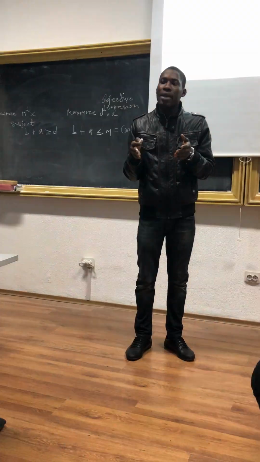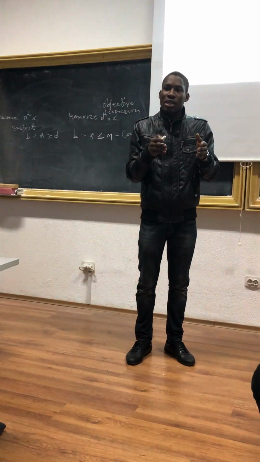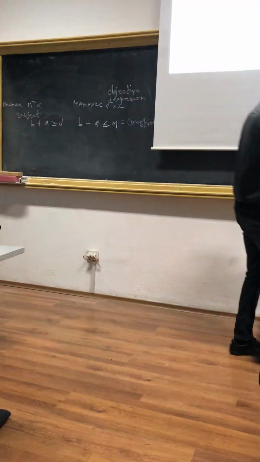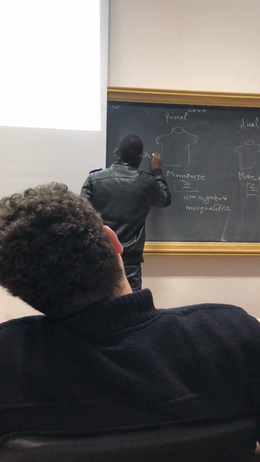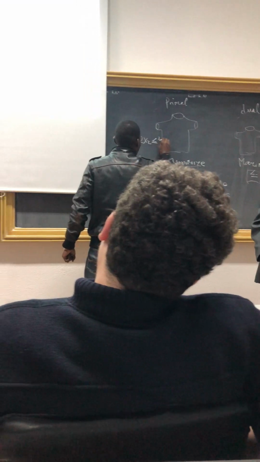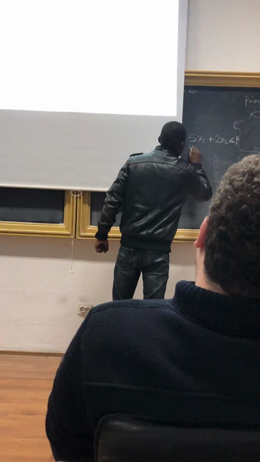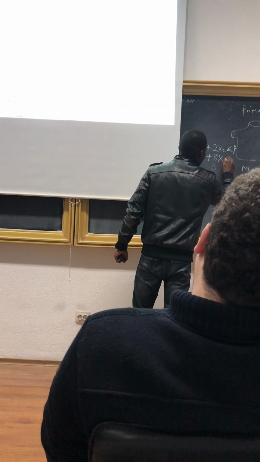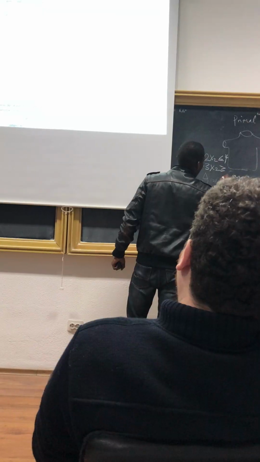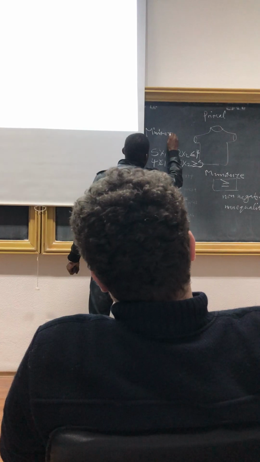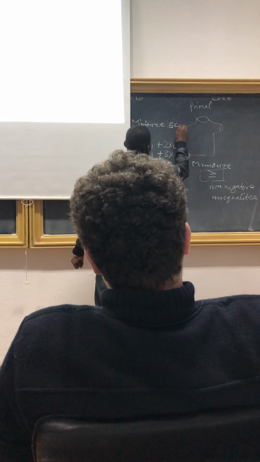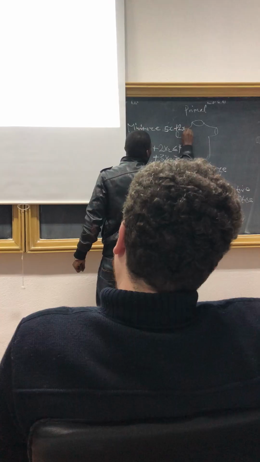But in a situation whereby our inequalities are not the same, for example, something like 5x1 plus 2x2 is less than or equal to 4, and our second inequality will be something like 4x1 plus 3x2 greater than or equal to 5, and we are trying to minimize, let's say, 5x plus 2x.